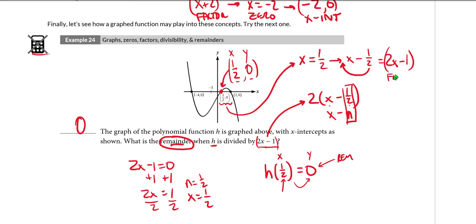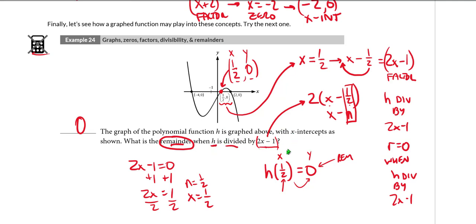So 2x minus 1 is a factor. That means that h is divisible by 2x minus 1, and that means that the remainder equals 0 when h is divided by 2x minus 1. And that's what the question is asking. What is the remainder when h is divided by 2x minus 1?